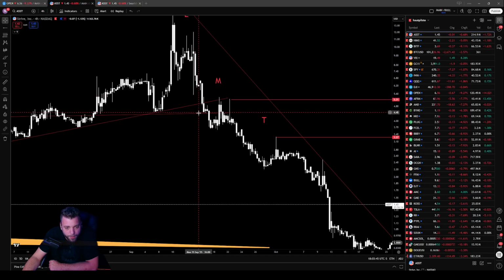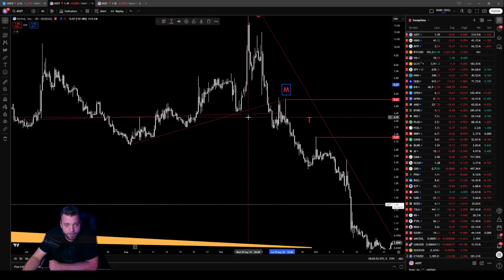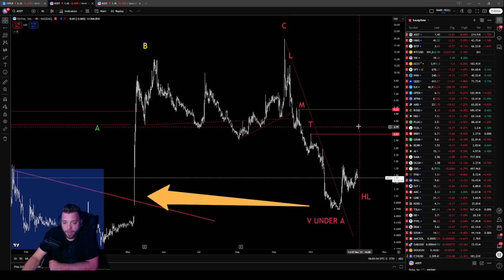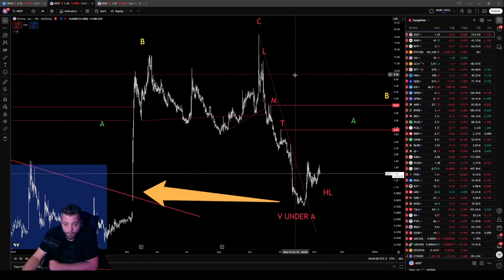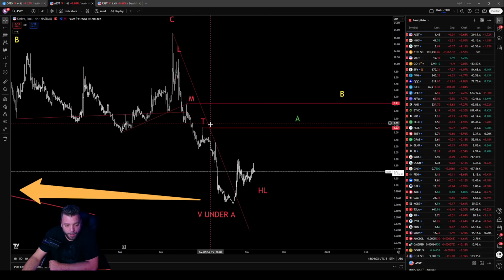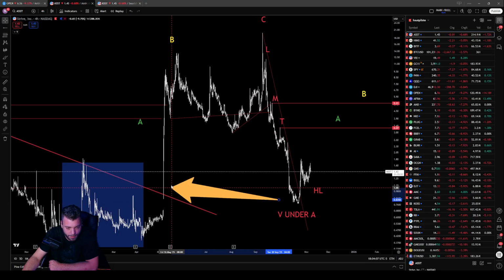You break under it, you tried to break over it again, but you reject. And this is your M then. Then you made a lower low to your M. This is most likely your T for the bullish version. And then this would be the last time to sell before you did your V and A.